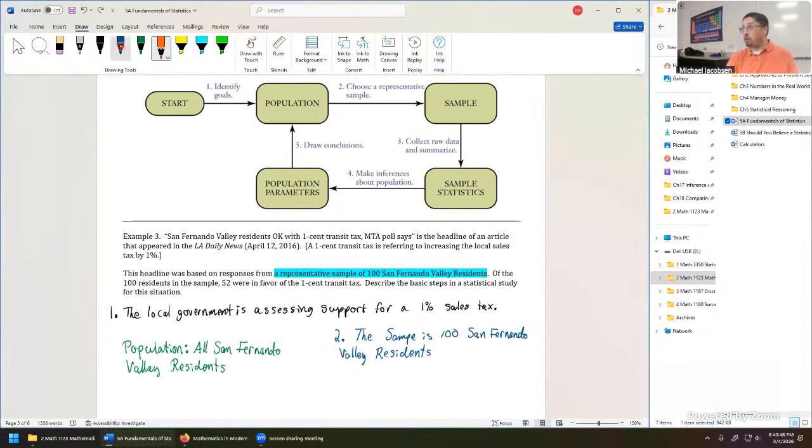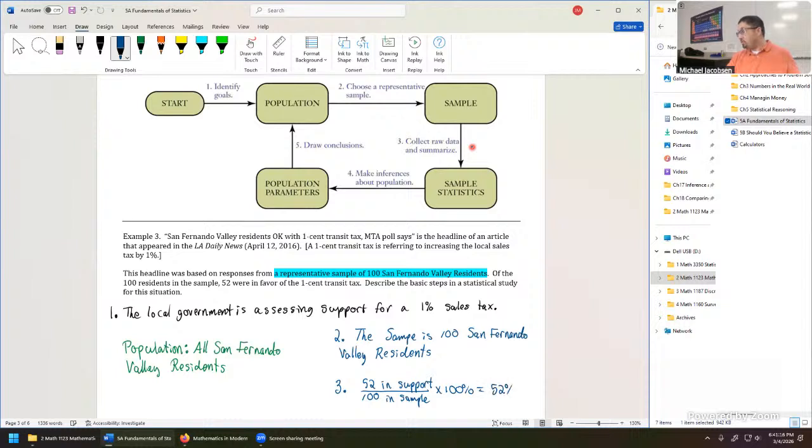So from step 1, we are now going into step 3. We can say, for collecting and summarizing the data, 52 are in support out of 100 in the sample. We can convert that to a percentage if we would like, go times 100%.